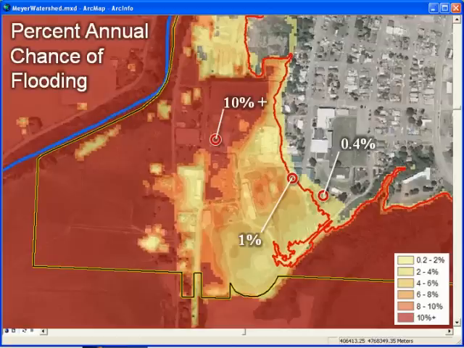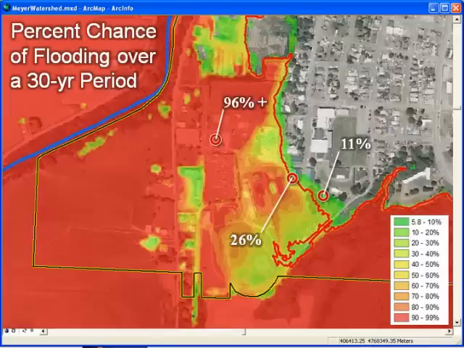Closer to the waterway, your percent chance of a 10% chance flood increases dramatically. And even outside the 100-year, say in the 500-year floodplain, it's not a 0.2% chance within that entire area. Just outside the 100-year floodplain, you may only have a 0.4% chance of occurring in a given year.